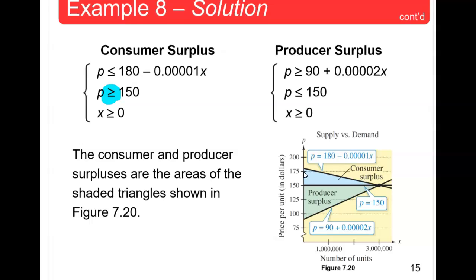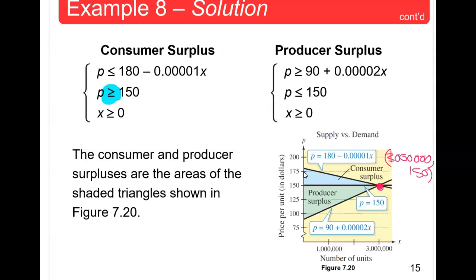Remember, we were trying to find this point here, and that's what we found on the previous slide, and it was for 3 million units, actually. The price was 150.